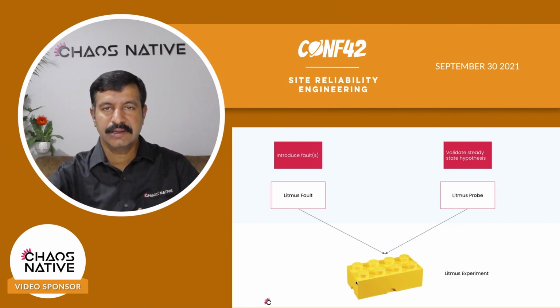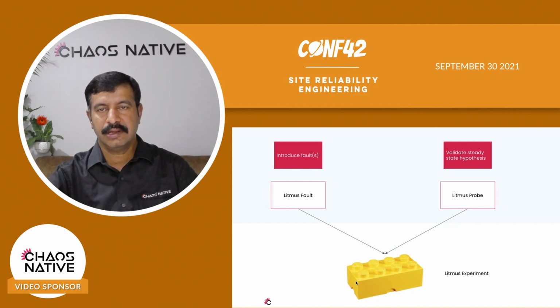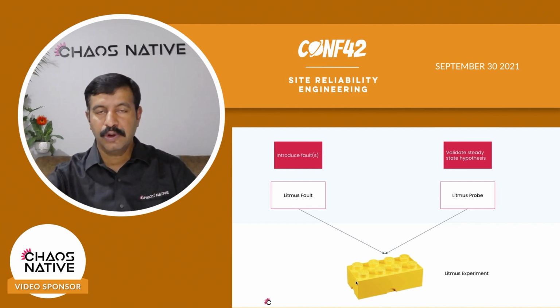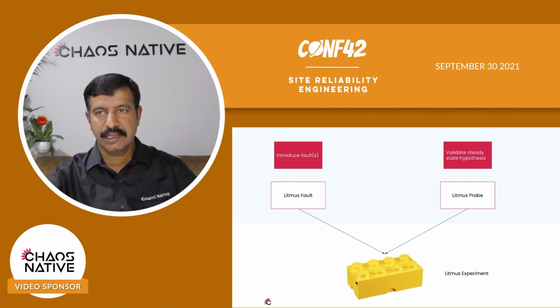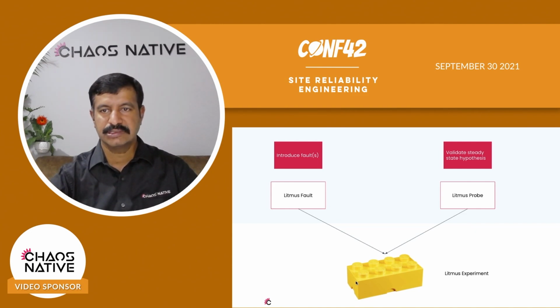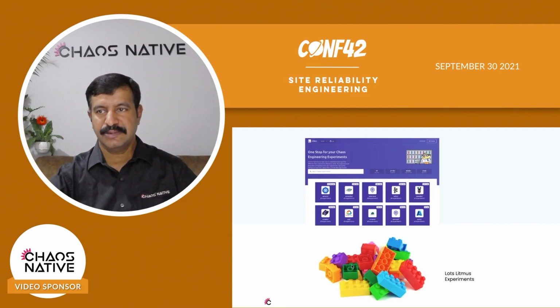How do you declaratively specify a fault, how long the fault should happen, and what are the parameters of the fault. And then probe is the steady state hypothesis validation. So what can I keep observing before the chaos, during the chaos, and after the chaos? And there are multiple types of probes that Litmus gives, and together that is what makes it a chaos experiment.